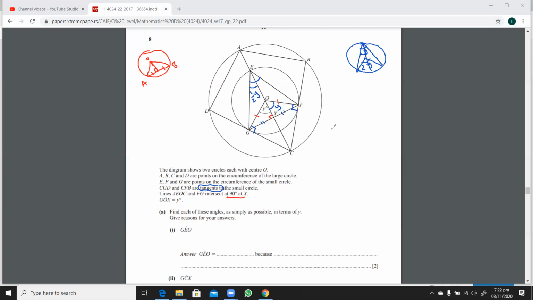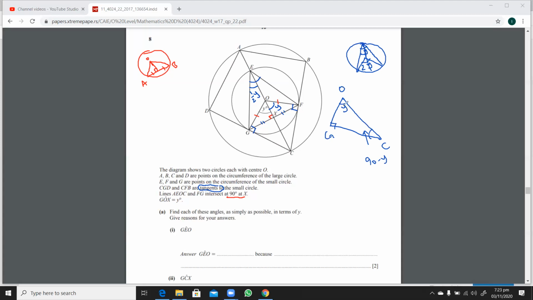GCX. Now look at this triangle here. This is your O, this is your G, there is a right angle here, and this is your C. This angle is Y. Can I say this angle over here is 90 minus Y? Because this is already 90, so the sum of these two angles is going to be 90 as well.